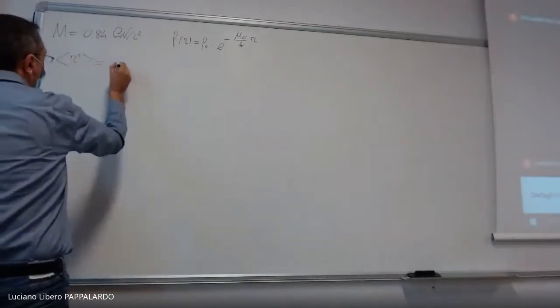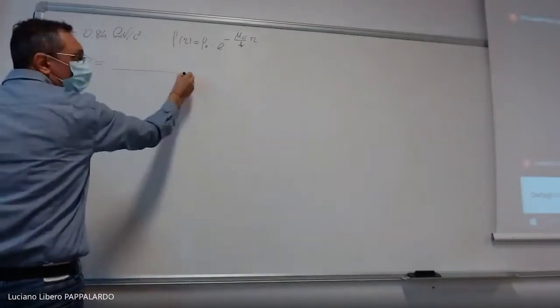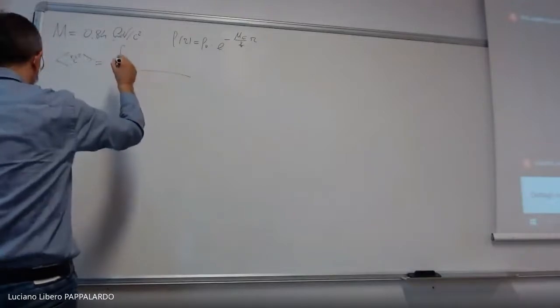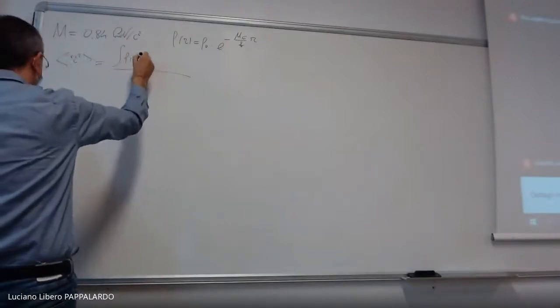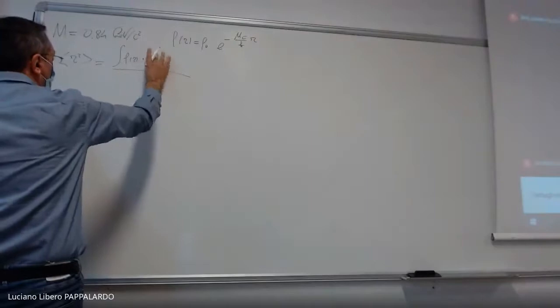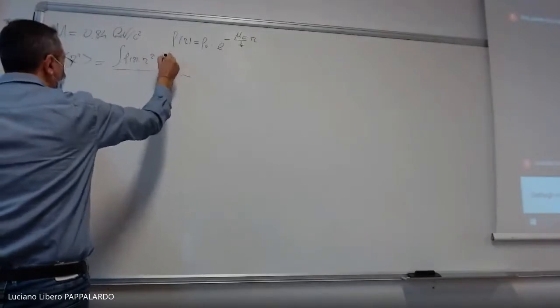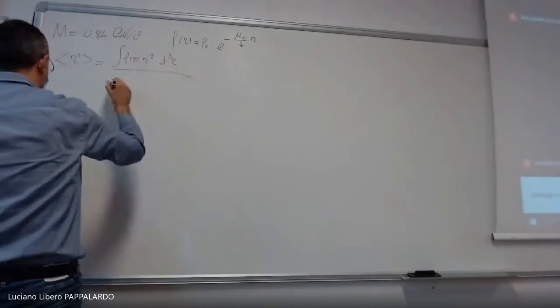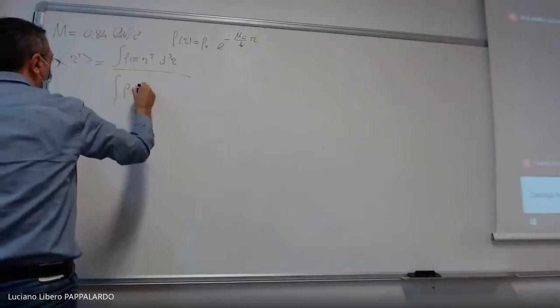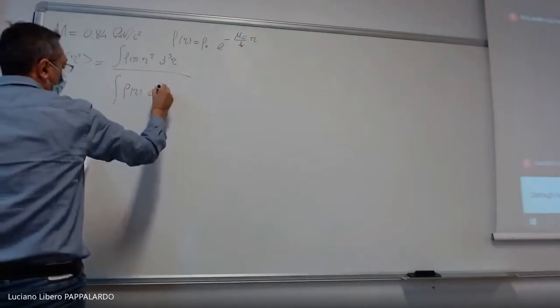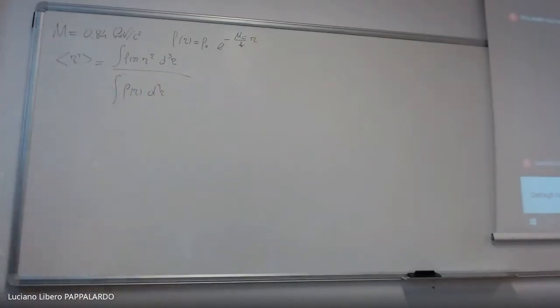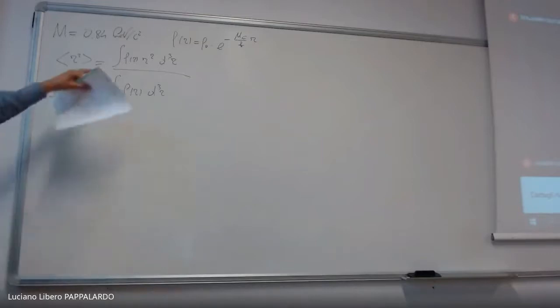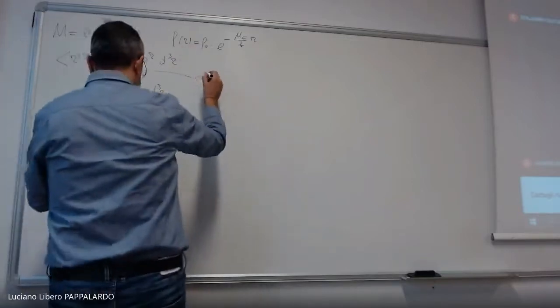And so we use this: the integral of r squared times rho of r dr, divided by the integral of rho of r dr. We just substitute our charge distribution here.